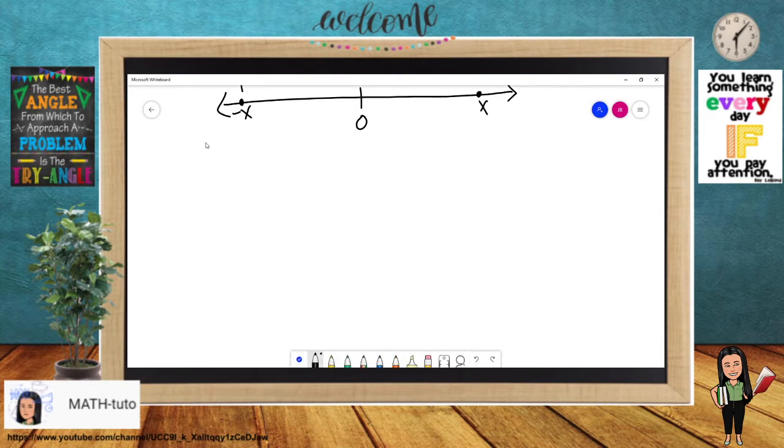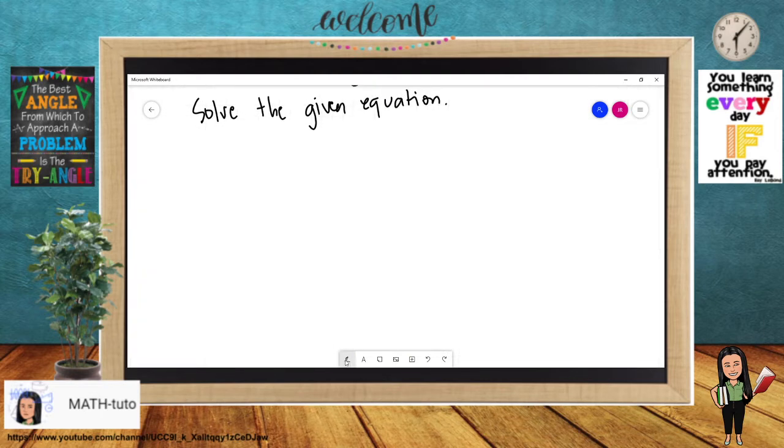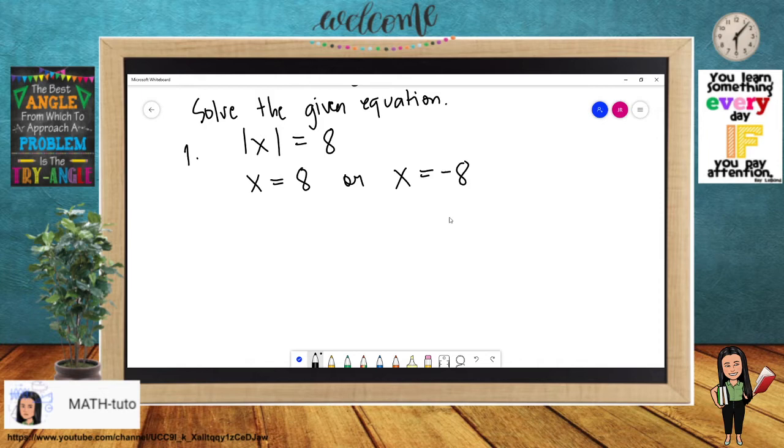Let's say we have, let's add an instruction: solve the given equation. We are finding a value for the variable that would satisfy the equation. If we have absolute value of x equal to 8, this means that x is equal to 8 or x is equal to negative 8.